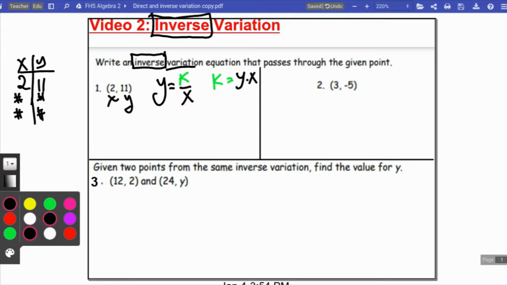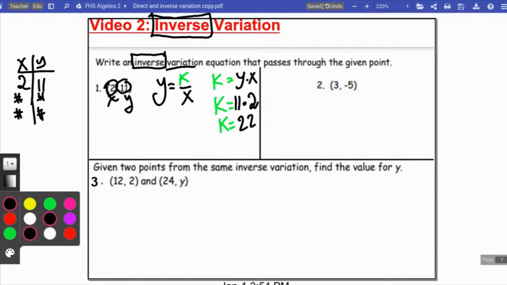Let's plug it in and find the constant, because I have y and x given to me. So the y value is 11. You see this 11? Put it right here, times the x value, which is the dose. Put it right there. So k equals 11 times 2, you get 22.